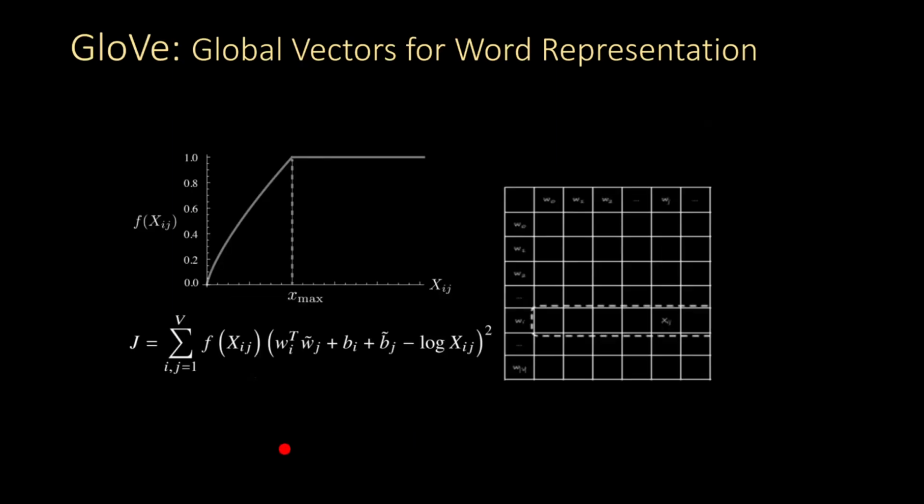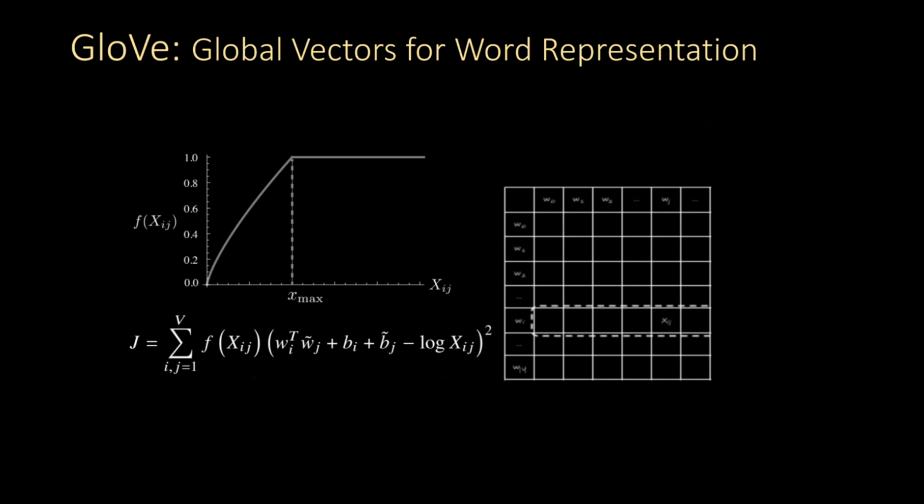All right, let's talk about GloVe. GloVe at the time outperformed the Word2Vec algorithms. Basically, Pennington et al. 2014 found a way to reconcile the gap between matrix factorization methods and the more modern neural net approaches.